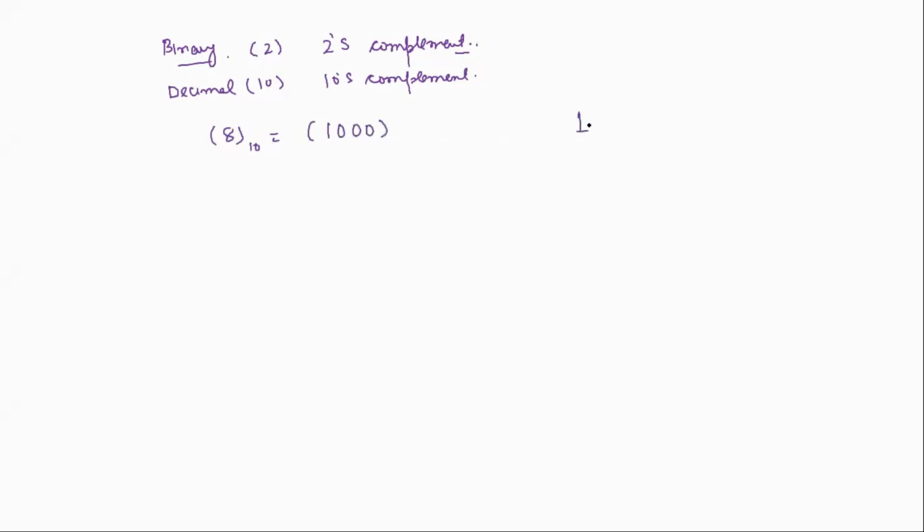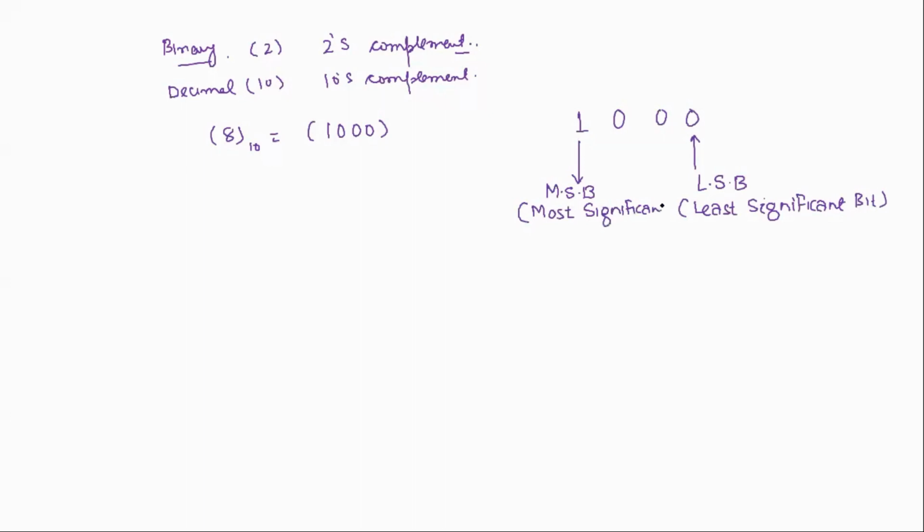In a number like this, the rightmost bit is the LSB, the least significant bit, and the extreme left is the MSB, the most significant bit.